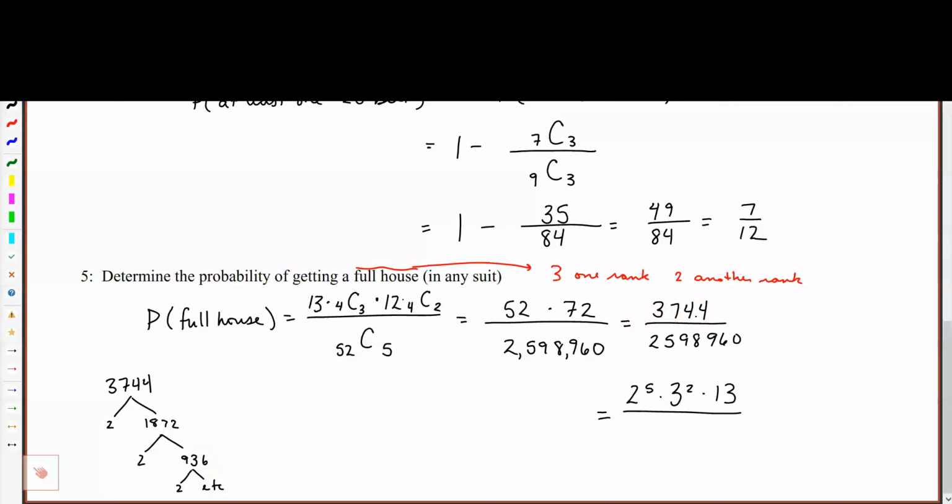The prime factorization for the denominator was 2 to the 4th power times 3 times 5 times 7 squared times 13 times 17. So now we'll start simplifying this. This 2 to the 4th will wipe out 4 powers of that, and I'll be left with 2 to the 1st power.